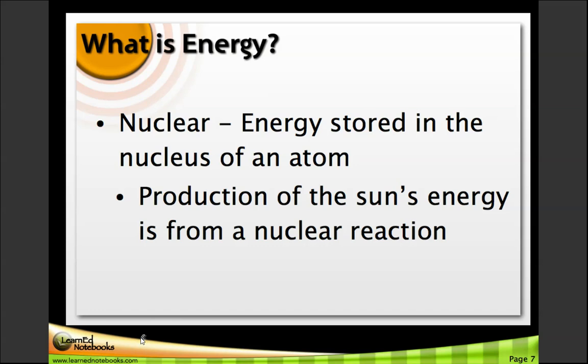The production of the sun's energy comes from a nuclear reaction called fusion, where 2 atoms are being combined. The nuclear energy on Earth comes from fission. 1 atom is being broken down into new atoms.